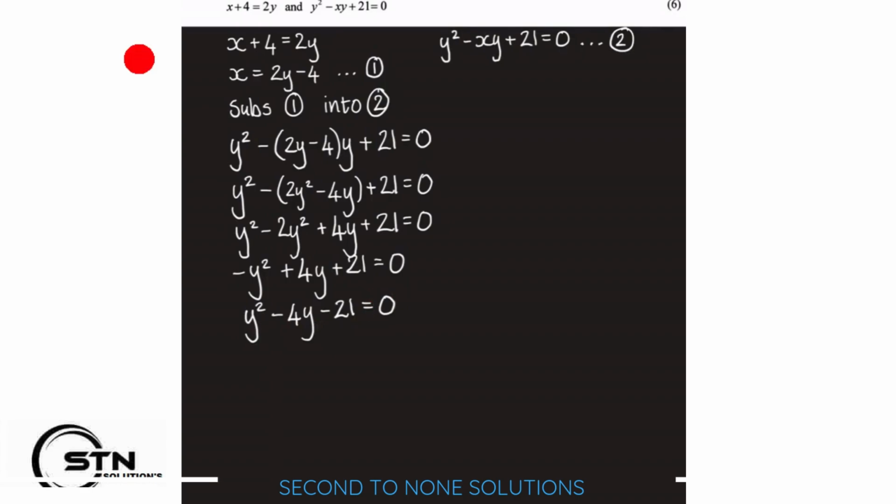It is a trinomial, so my factors of y squared are going to be y, and my factors of -21 will be -7 and 3. -7 times 3 gives me -21, and if I multiply this all out, I will get a middle term of -4y. So of course that means that y minus 7 will equal 0, or y plus 3 will equal 0.